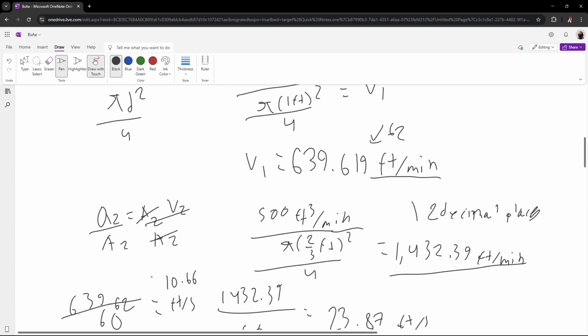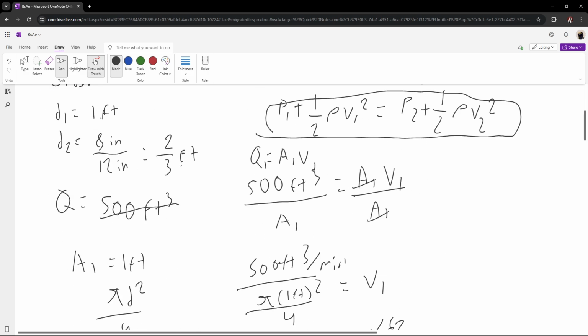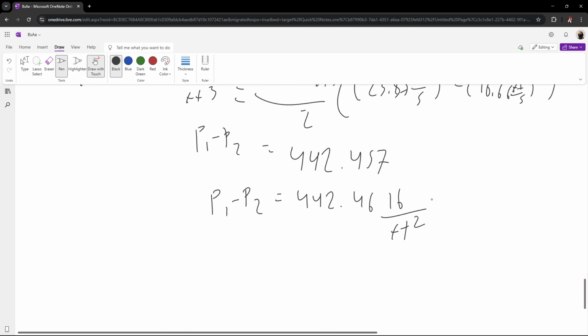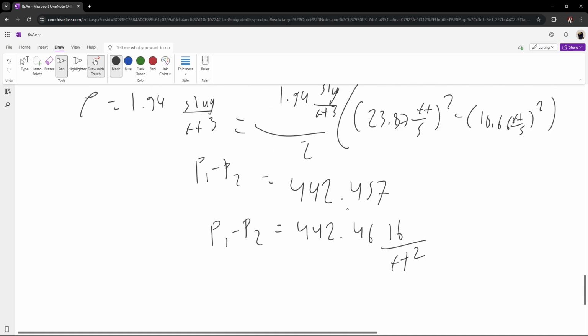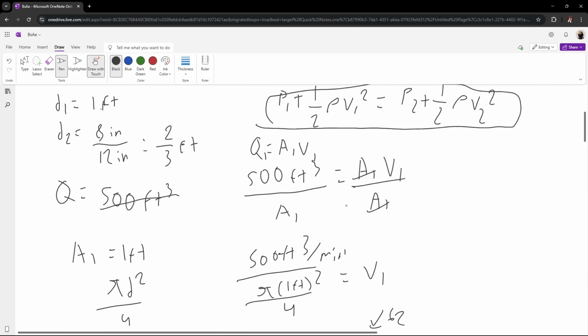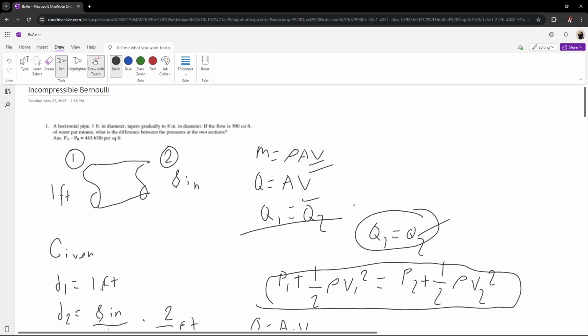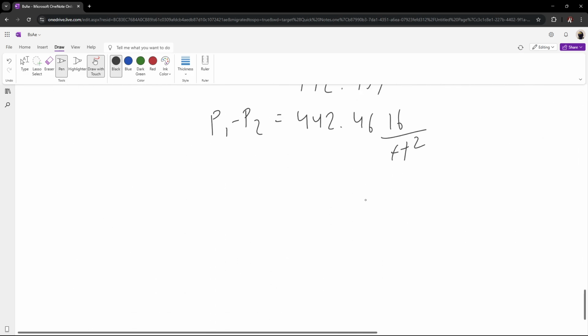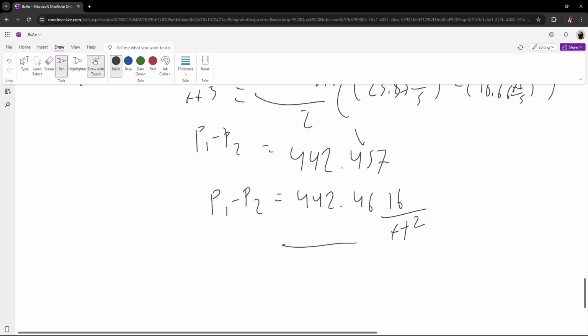Double checking. We get 442.46 and the given answer is 443.63. Why? Any difference? Density 1.937.